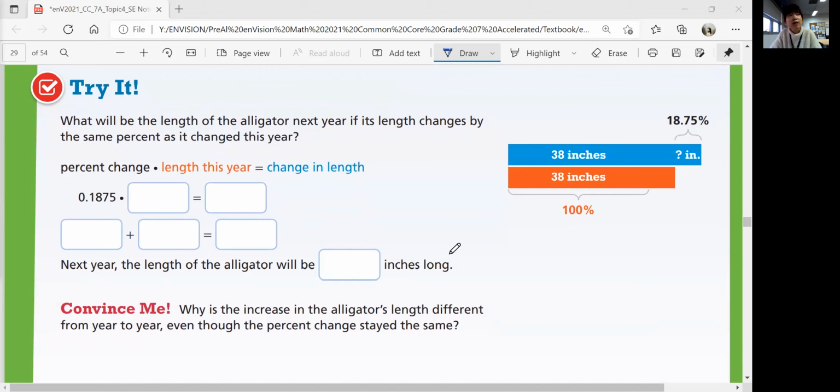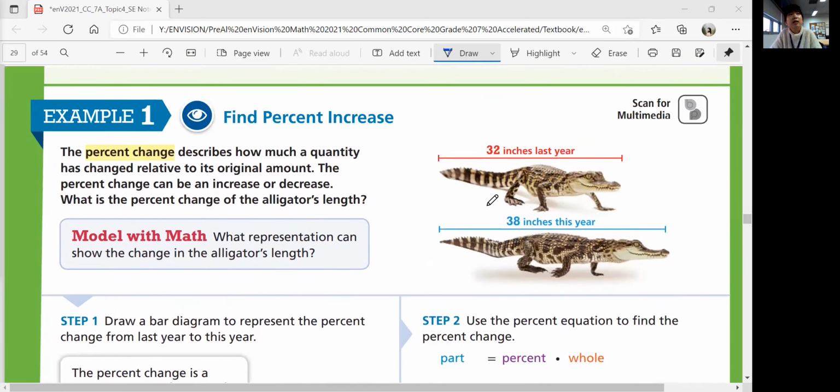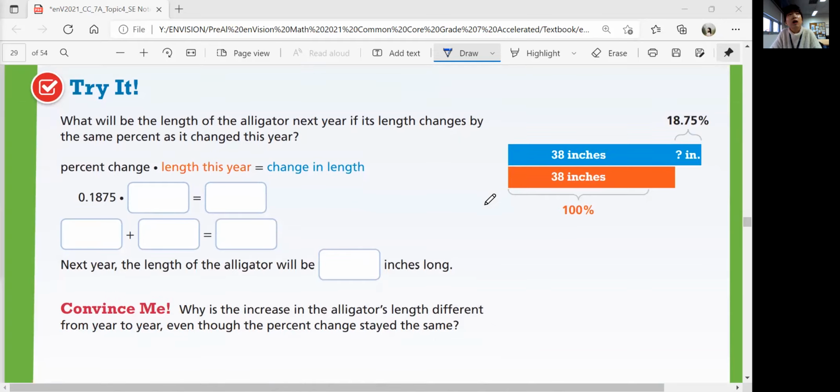So what will be the length of the alligator next year if its length changes by the same percent as it changed this year? Right? So this year is 38 inches. And if it changes the same percentage, we want to know the total change in length in inches. So that's 100%.